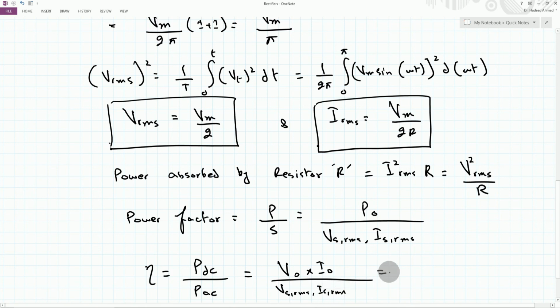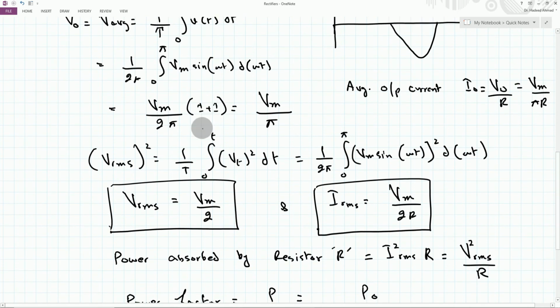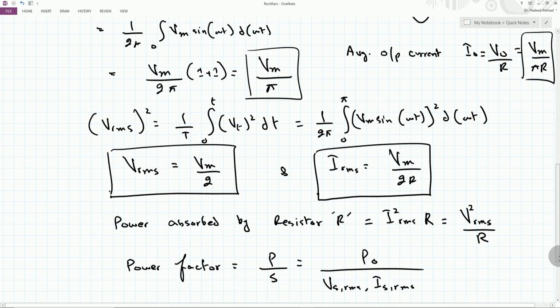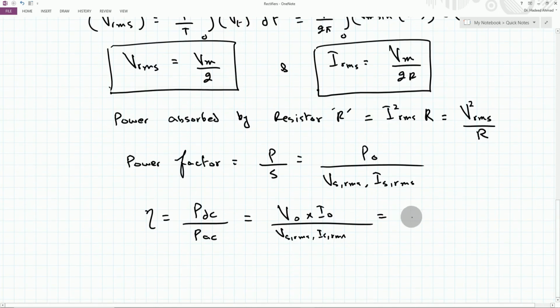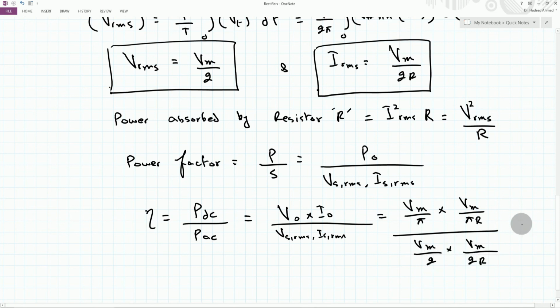V naught is equal to Vm over pi, and I naught is Vm over pi R, the output current. So it is Vm over pi multiplied by Vm over pi R, divided by Vm over 2 multiplied by Vm over 2R, and this is equal to 40.53%, which is quite a low value.